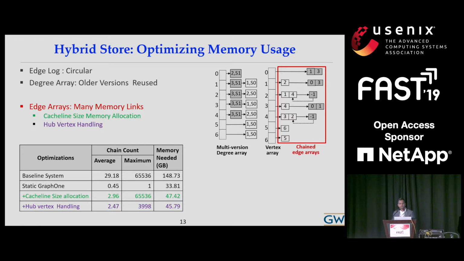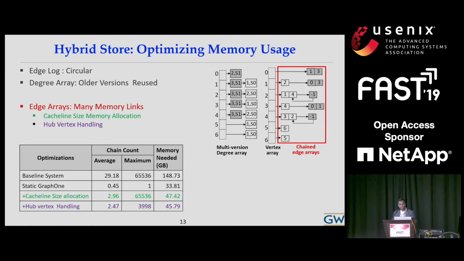And the next is allocating at the 4 KB boundary if those vertices are hub vertices. Like a vertex which has a lot of activity, generally like Obama in social media or something, who will have so many followers. But their number is very small, which is why the memory optimization is a little bit smaller. But overall, we are able to do much better and are very much comparable to the static engine, with less than 1.5 times its memory requirement.